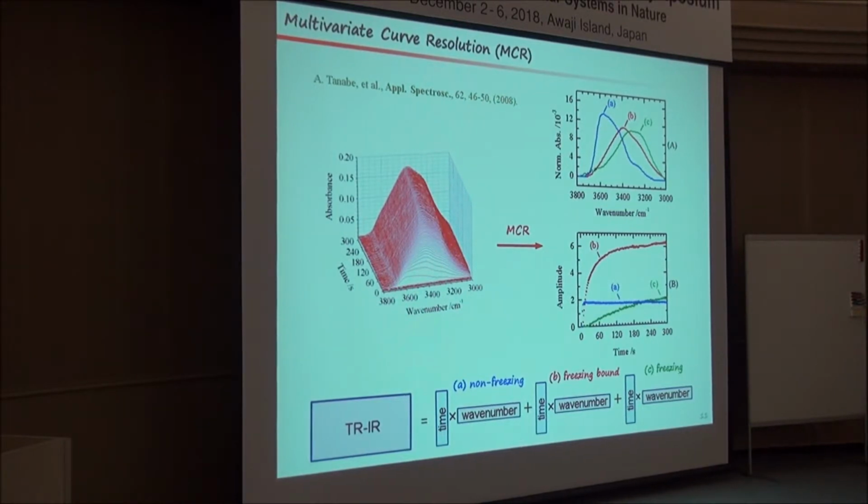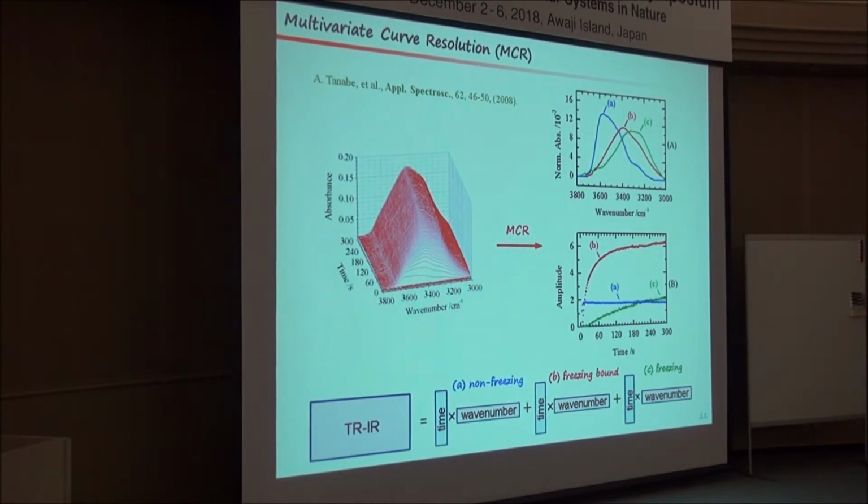Assuming the three contributions, we successfully obtain the three different waveforms in the OH stretching region, as well as the time dependence of the intensity. The non-freezing water has a higher wave number contribution, like the methanol-methyl acetate mixture.